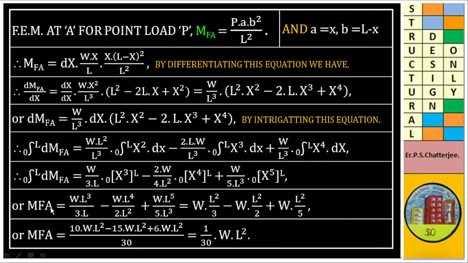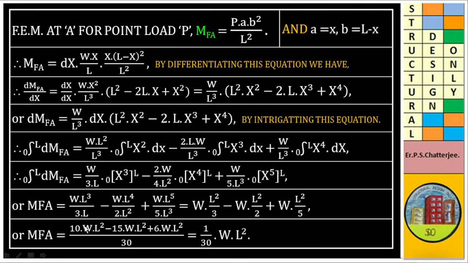Therefore, MFA is equal to W L cube by 3 minus W L to the power 4 by 2 L square plus W L to the power 5 by 5 L cube, which is equal to W L square by 3 minus W L square by 2 plus W L square by 5.